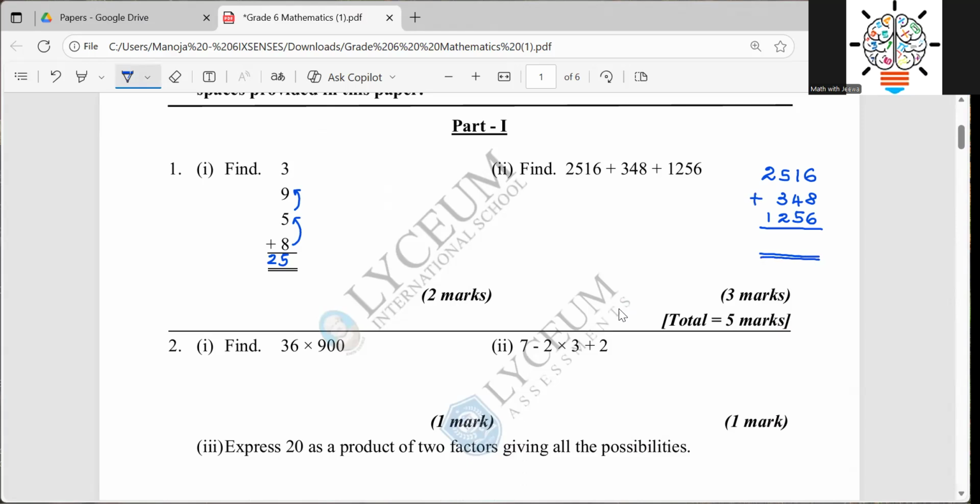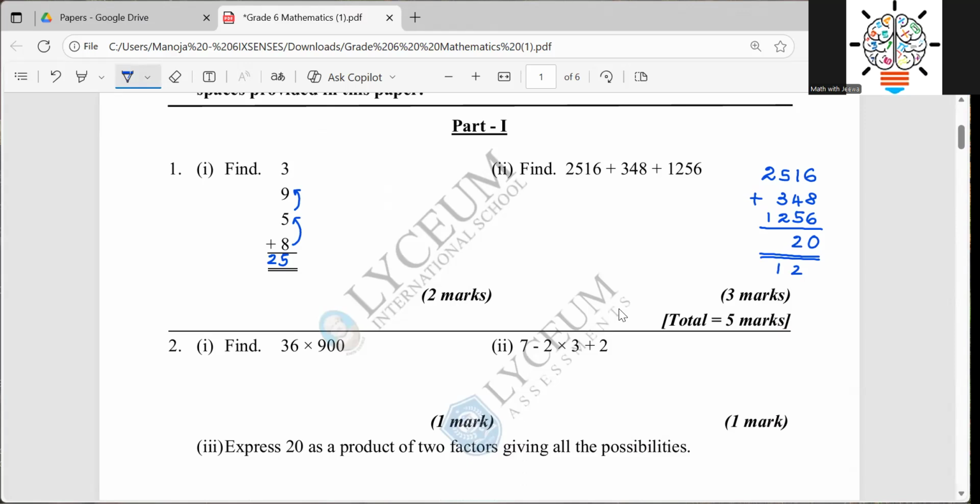You start from the units, so you add 6 plus 8. Always start from the bottom. 6 plus 8, 14. 14 plus 6, 20. You put 0 here and carry 2. Then 5 plus 4, 9. 9 plus 1, 10, and the carried 2 makes 12, with 1 carried.